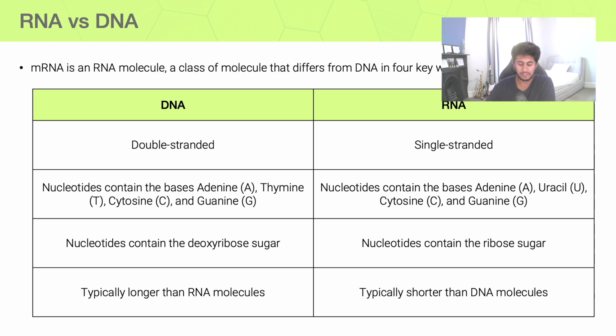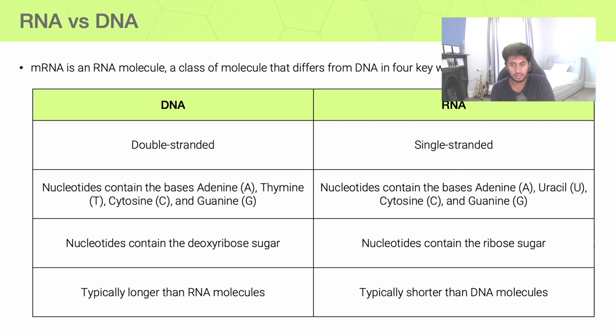And then, I guess, the genetic material that encompasses as well. So DNA molecules are double-stranded, while RNA molecules are single-stranded. DNA molecules, as we know, contain the bases adenine, thymine, cytosine, and guanine, whereas RNA molecules contain the bases adenine, uracil instead of thymine, and then cytosine and guanine as usual.